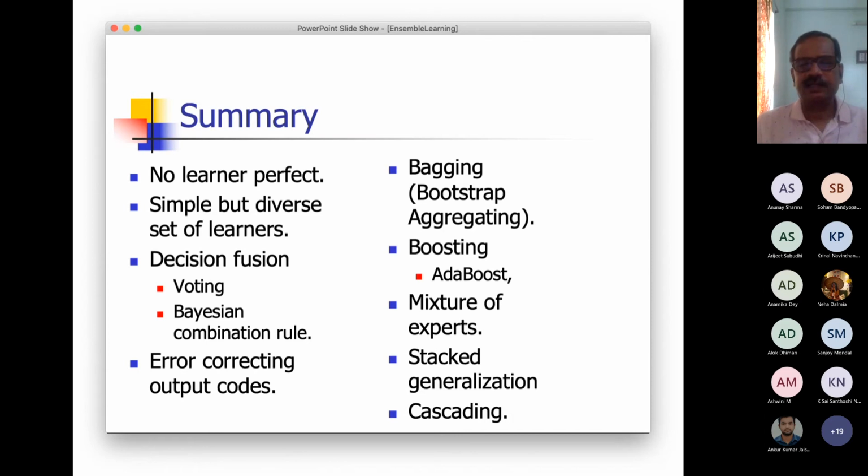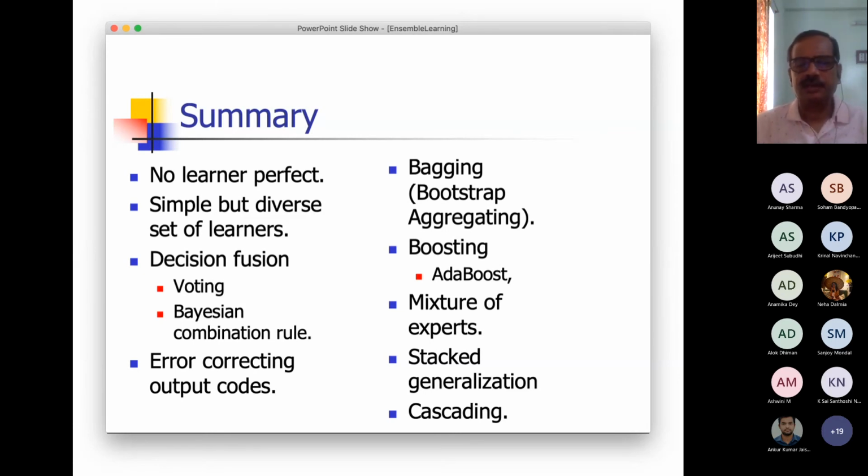Then some of the approaches for ensemble learning, like bagging, which means bootstrap aggregating, where you randomly sample the input space, the training sets, and use the same learner. You may also vary the hyperparameters on the same training set, and you take different decisions, but assuming that the consistent decision will come from the majority. So from there, you take a decision.